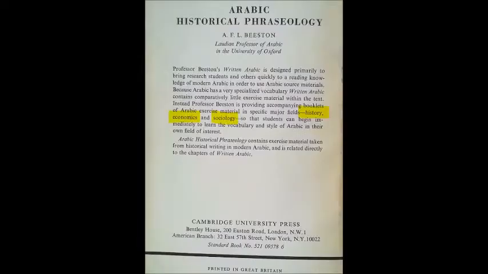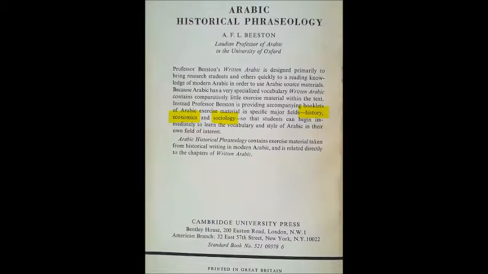A.F.L. Beeston's work, it states here, I'll just give you the screenshot. It states that it gives every single word that would be needed for a person who wants to study things like sociology, history, and politics.